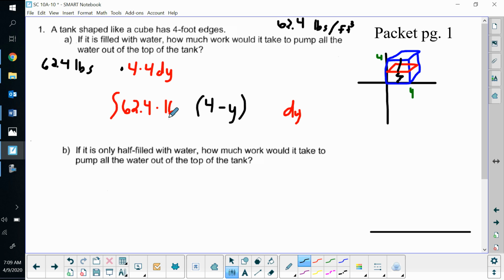So the 62.4, 16, and dy, that is the force, and then the distance is the 4 minus y. On the integral, we need to put the places the slices could have occurred. The lowest the slice could have occurred is 0. The highest is 4.